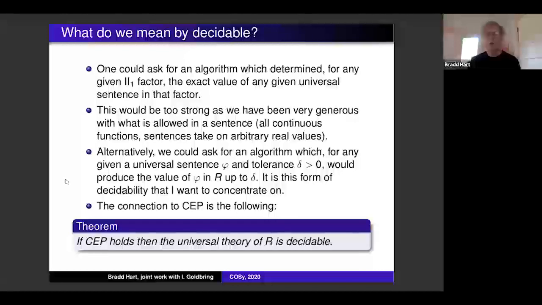So what do we have? We have an axiomatization of II_1 factors, and we know that every II_1 factor has the same universal theory if CEP holds. So the ordinary completeness theorem, right?